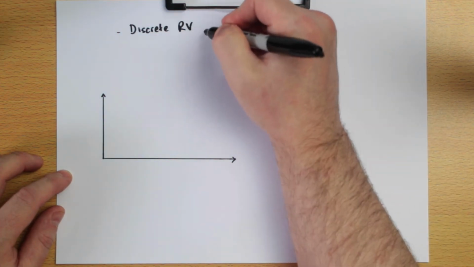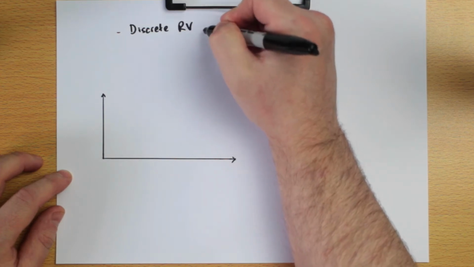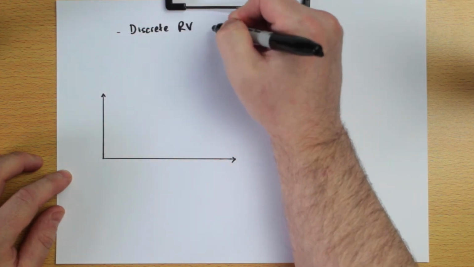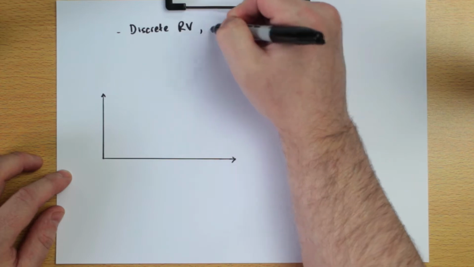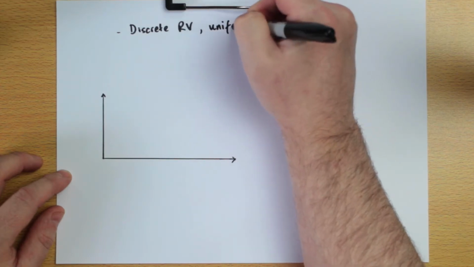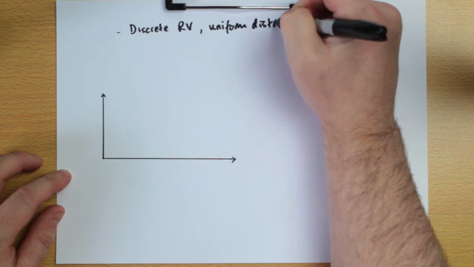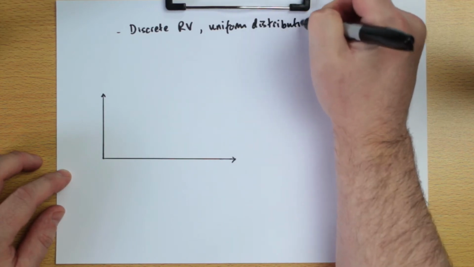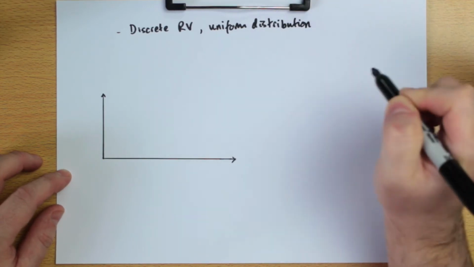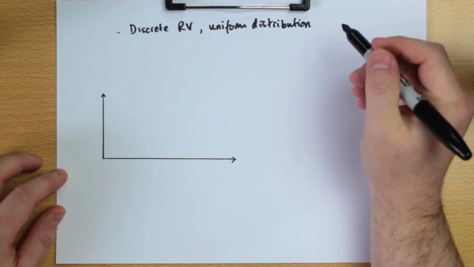An example of a uniformly distributed one, so a discrete random variable with a uniform distribution, could be something like our rolling the dice example from a previous lecture.